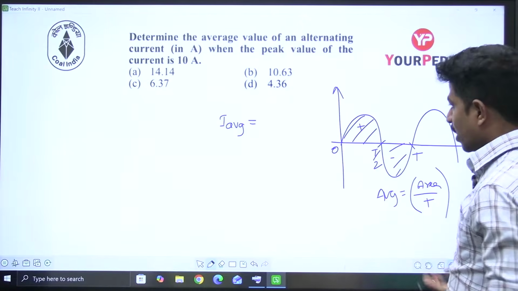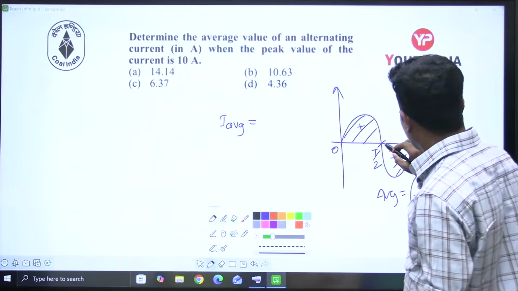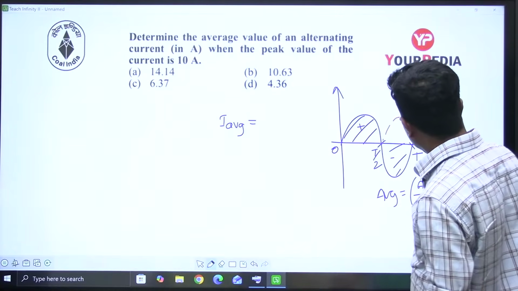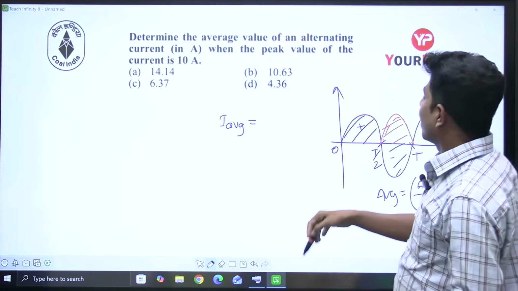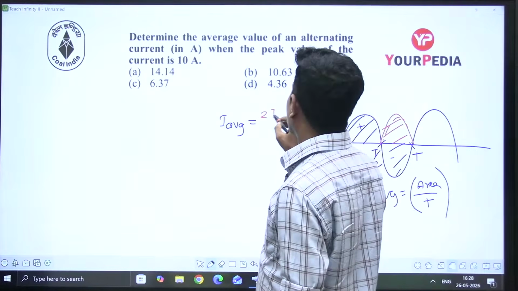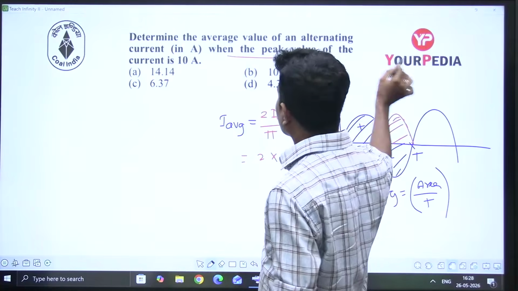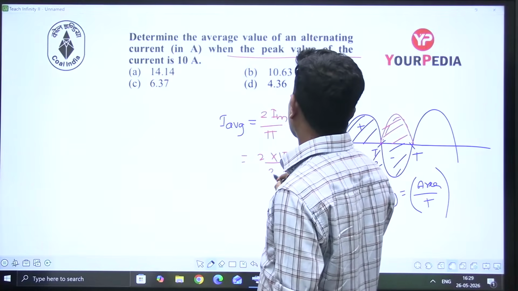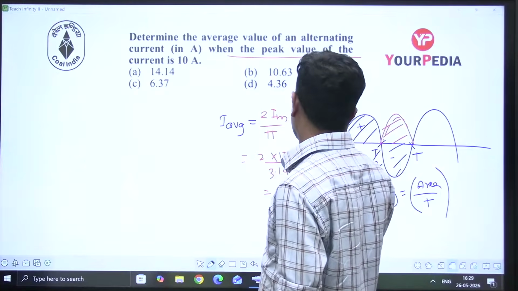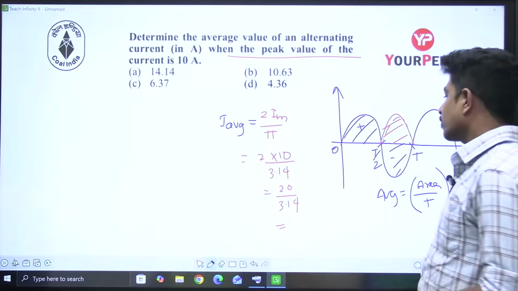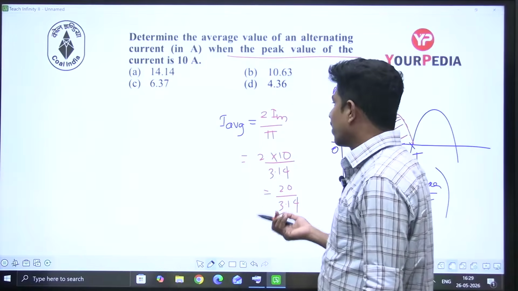As zero is not there, what is the full wave rectified average? Full wave rectified means the negative half cycle is also taken as a positive half cycle. For this, the average will be 2 Im by pi. With a peak value of 10, it is 2 into 10 divided by 3.14, so 20 divided by 3.14, which is 6 point something.